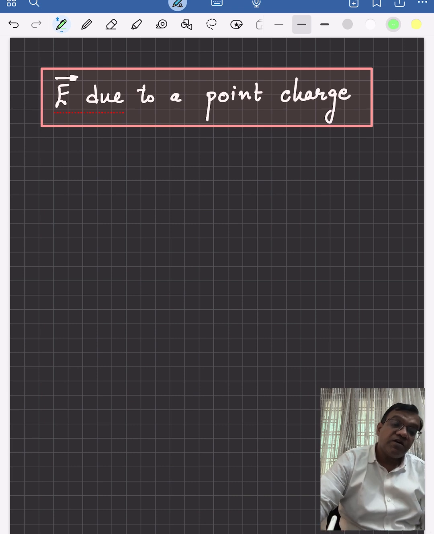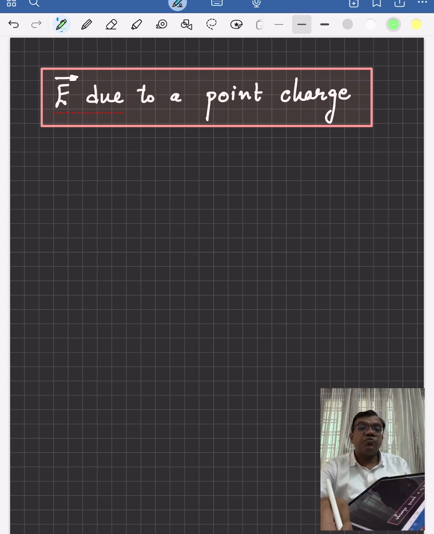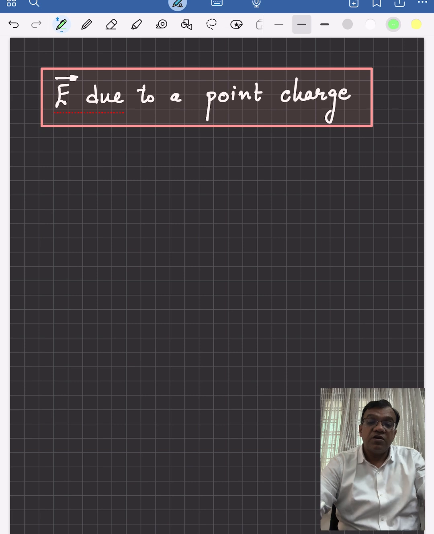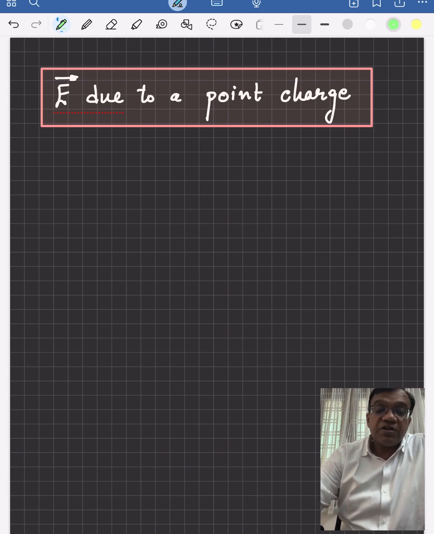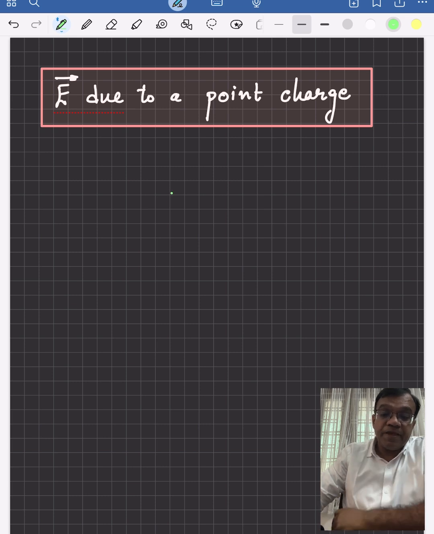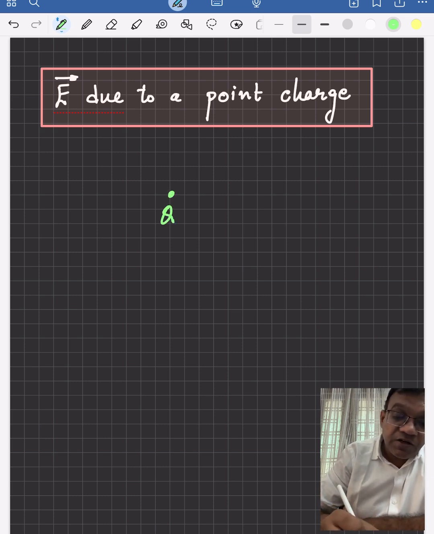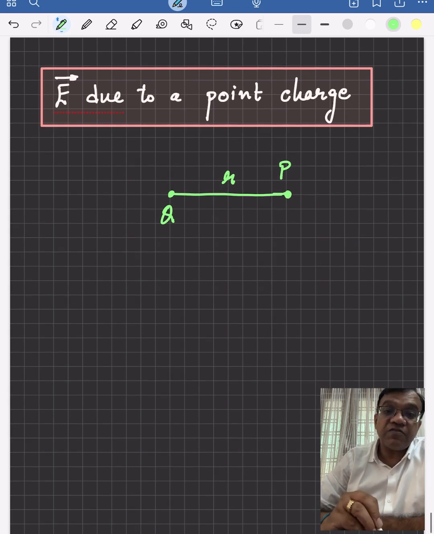Now we'll see the electric field due to discrete point charges and due to the continuous charge distribution one by one. First, we'll discuss the electric field due to a point charge. Let us consider we have a point charge Q and we are interested in finding the field at a point P which is at a distance r from it.